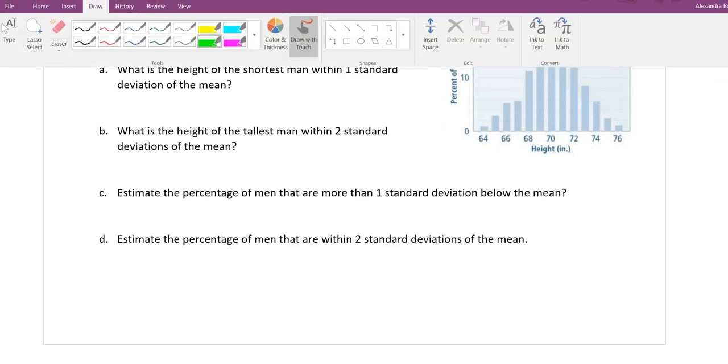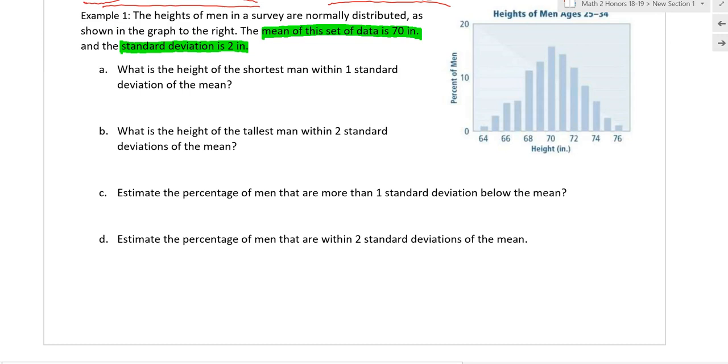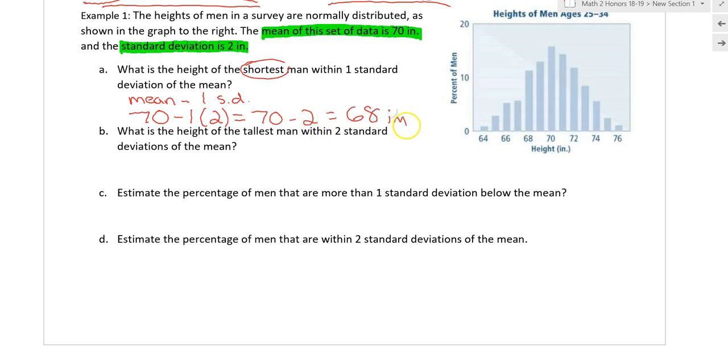What is the height of the shortest man within 1 standard deviation? So I'm going to take my mean minus 1 standard deviation. We will often abbreviate it as just SD. So my mean is 70 minus 1 times 2, which is 70 minus 2, which equals 68 inches.